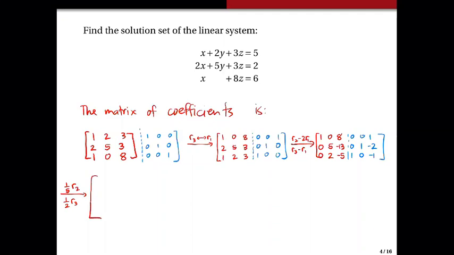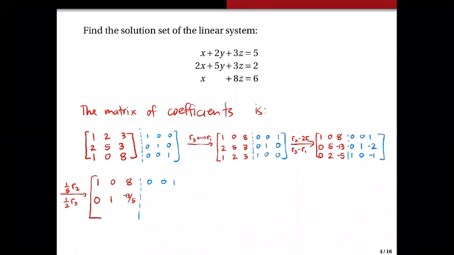So at this point, I will need a bigger set of brackets. But anyway, we're not going to touch row 1. So we'll just have 1, 0, 8. We still have here 0, 0, 1. For row 2, we just divide it by 5. So we will have 0, 1, and then negative 13 over 5.